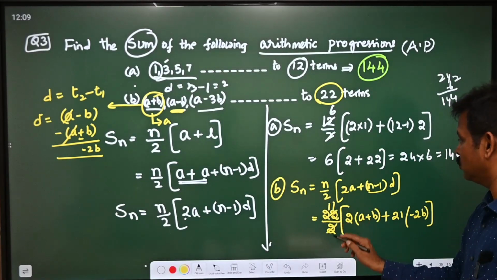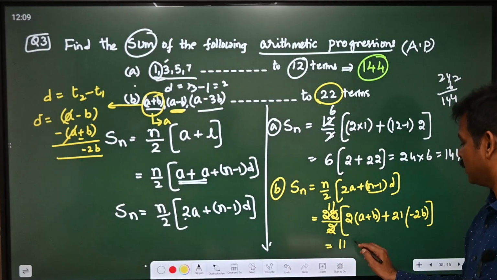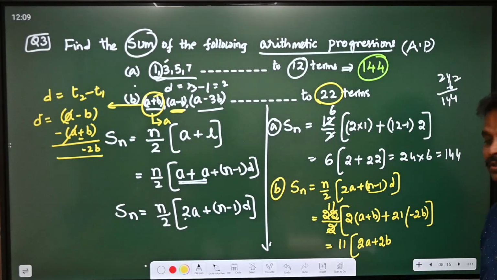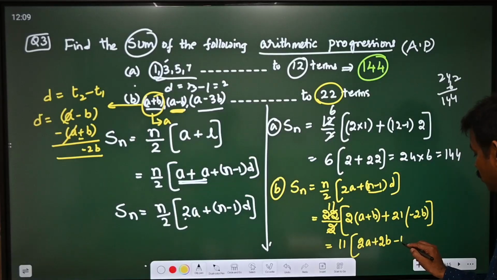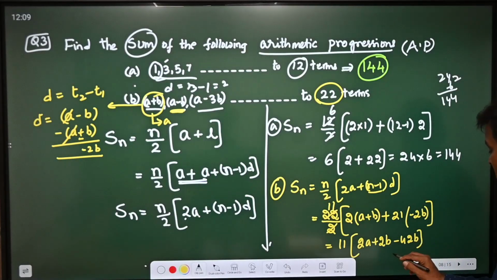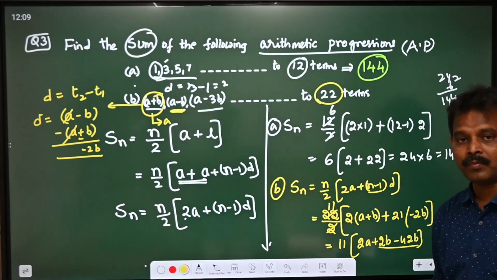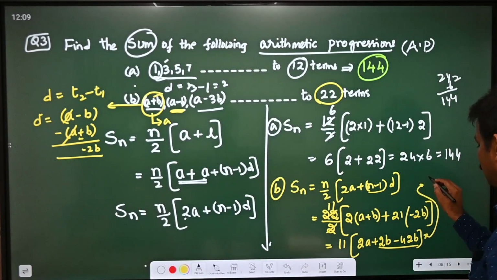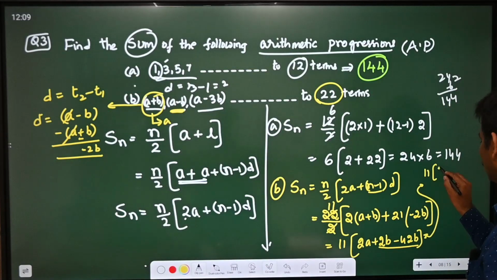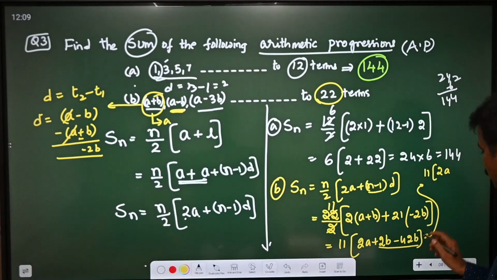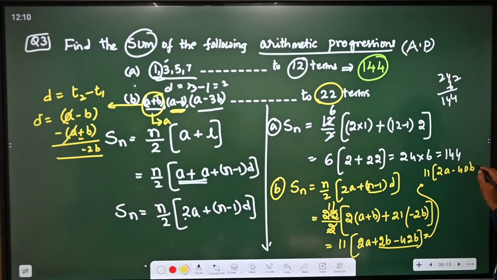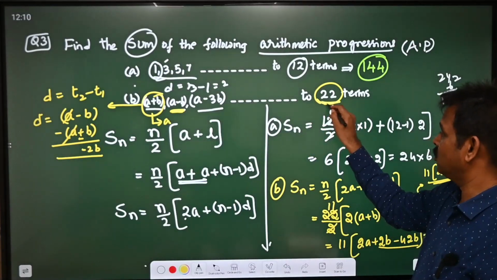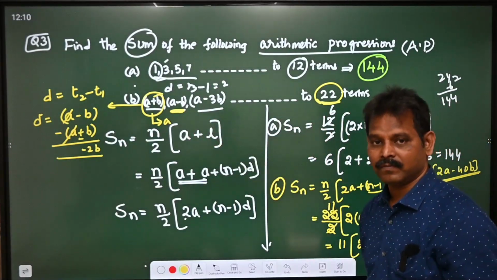So 2 11s, this will become 11 into 2a plus 2b, students, minus 42b. So 2b minus 42b will become minus 40b. So this will become 11 into 2a minus 40b. This is the sum of these 22 terms for this AP.